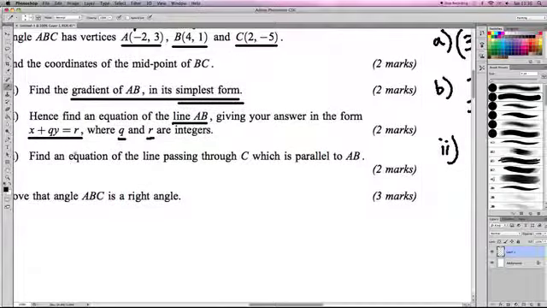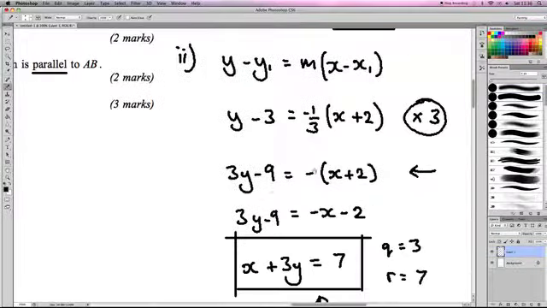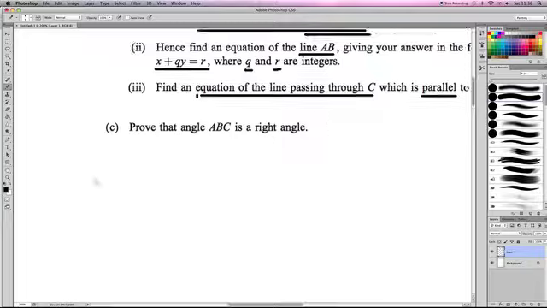Next one then, find an equation of the line passing through C that's parallel to A and B. So it's going to be the exact same thing here. It's going to be another line equation. So y minus y1 is equal to m times x minus x1.